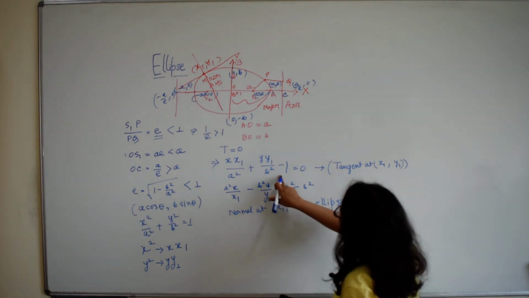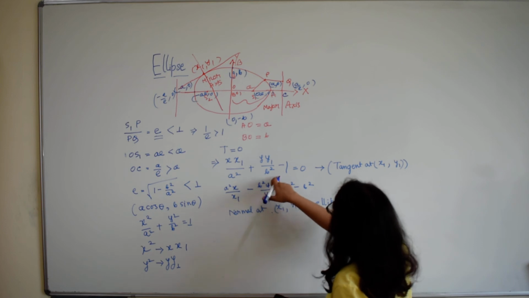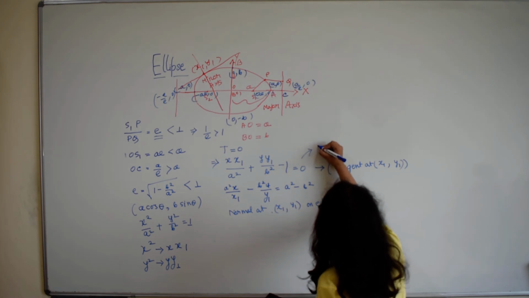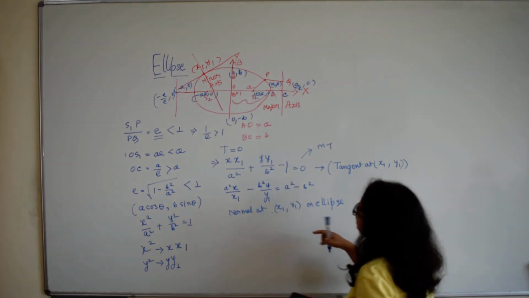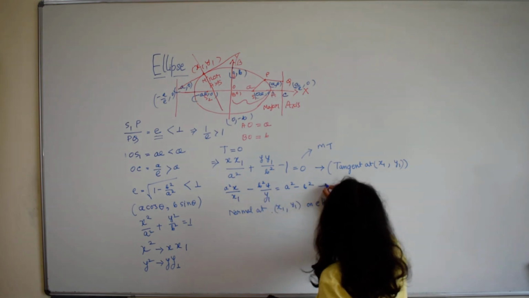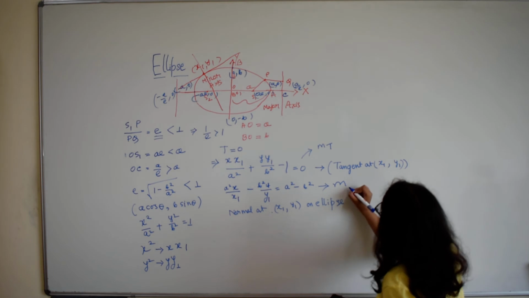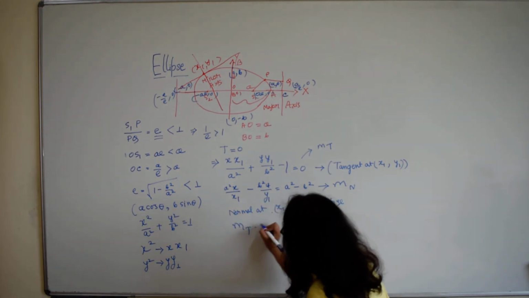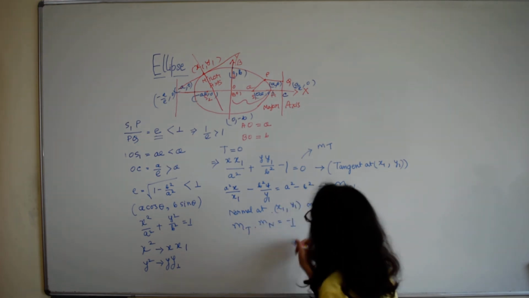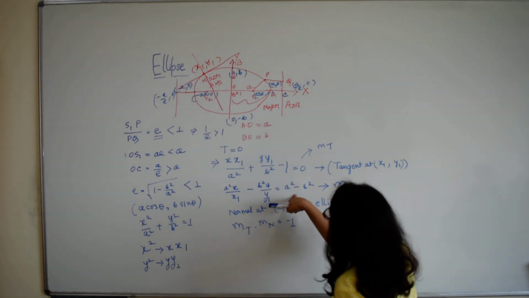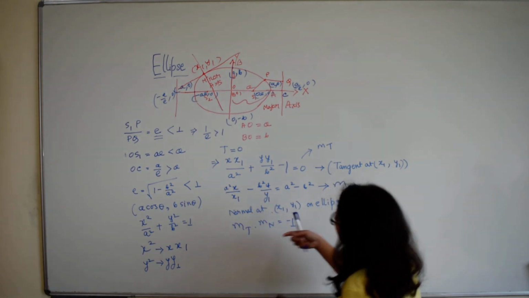So we can differentiate this equation to get the slope of the tangent, let's say this will be mt, and we can differentiate this equation with respect to x to get the slope of the normal, let's denote that mn. So here we get the equation mt dot mn equals minus 1, since this is the tangent of the ellipse at this point x1 comma y1, and this is the normal of the ellipse, so they are perpendicular to each other.